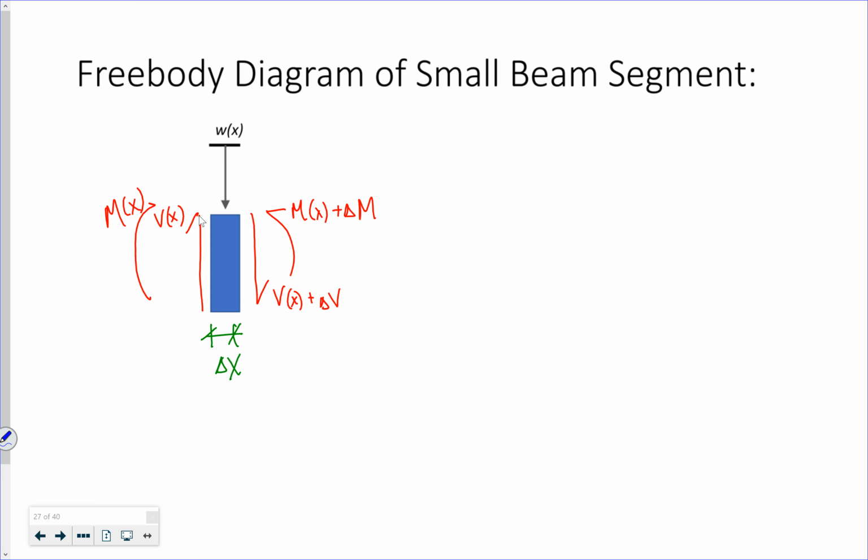So now let's take the sum of the moments about this point equal to 0. I have M of x acting clockwise, so it's negative. I have my shear force acting at delta x clockwise, so it's negative, times delta x, my force times my moment arm.